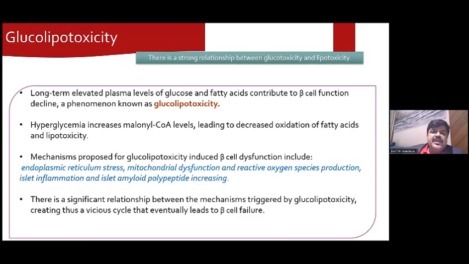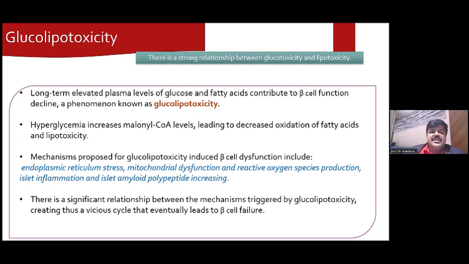Next important aspect is the glucotoxicity. There is a strong relationship between the glucotoxicity and the beta cell function. The long term elevated plasma levels of glucose and fatty acids contribute to beta cell decline, a phenomenon known as glucolipotoxicity.